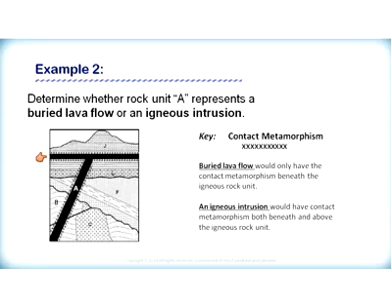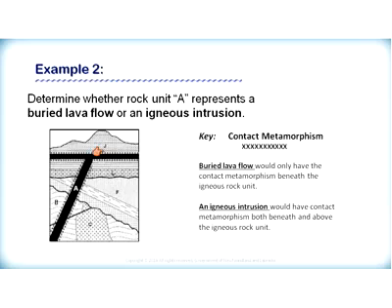So if we go back to our diagram and look at the igneous rock unit A, we see contact metamorphism represented by X's all the way up through the sides of rock unit A. But we also recognize that the contact metamorphism is located above rock unit A, which suggests that rock unit A did not make it to the surface, but instead intruded in between the rock layers above and below, therefore burning the rock layers below and also the rock layers above.